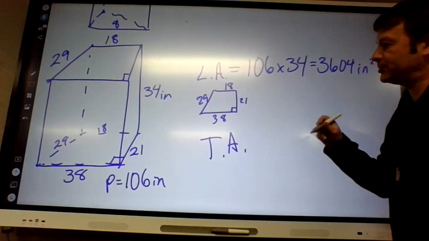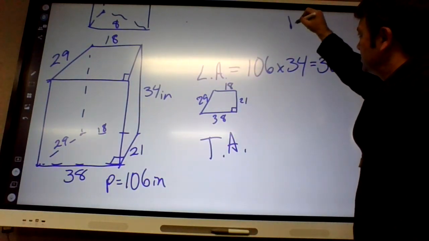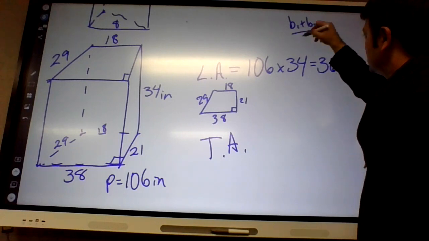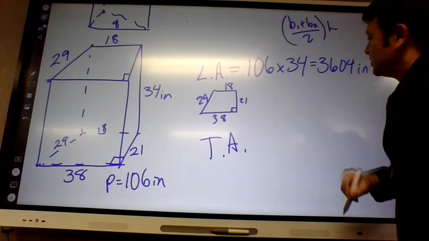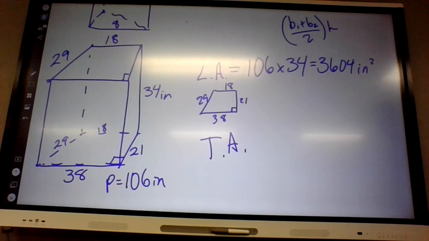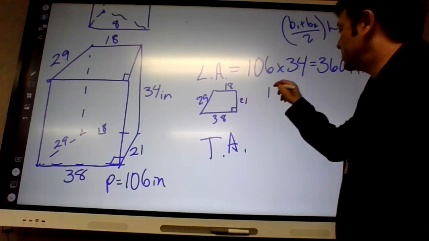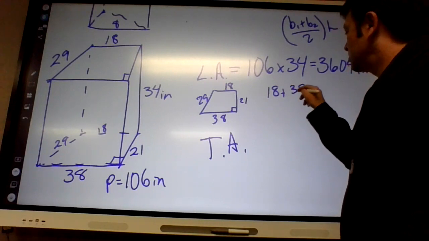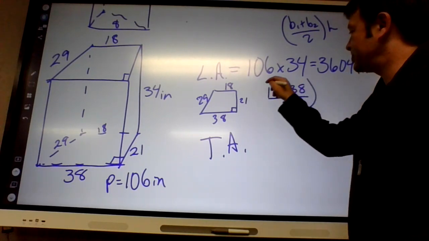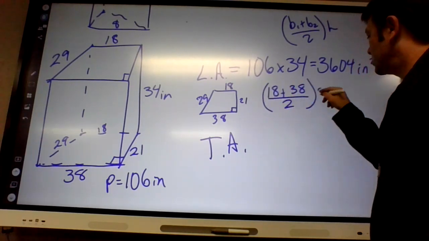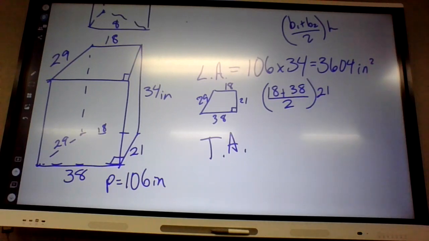You guys remember the trapezoid formula? Base 1 plus base 2, divided by 2, or times one half. What are the bases? 18 and 38. What's the height of the trapezoid? 21.